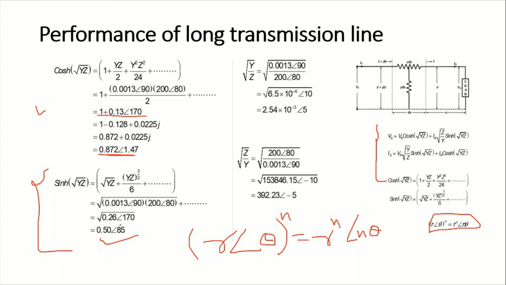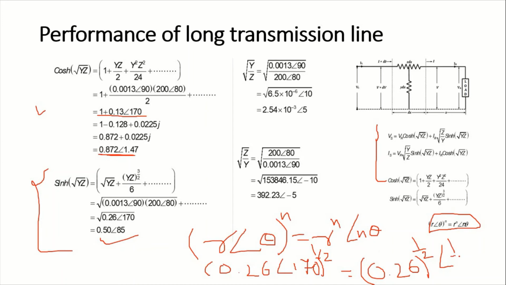Here this polar term is 0.26 angle 170, right? And root means it has a degree 1 by 2, so the answer we get is 0.26 root and the angle becomes 1 by 2 into 170.